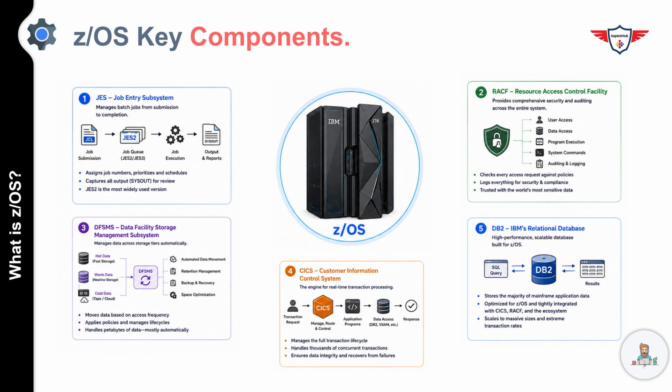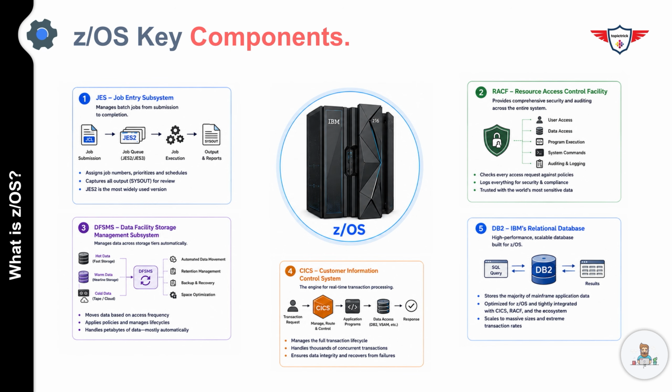Now let's talk about our next component, that is CICS, Customer Information Control System. We have already mentioned CICS in the context of real-time transactions, but it deserves its own moment here. CICS is a middleware that makes online transaction processing possible on z/OS.